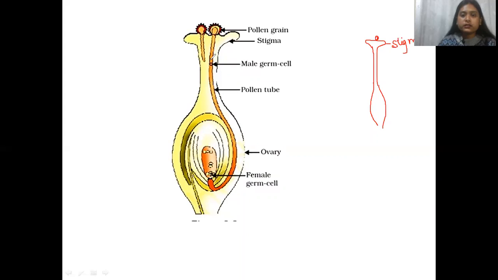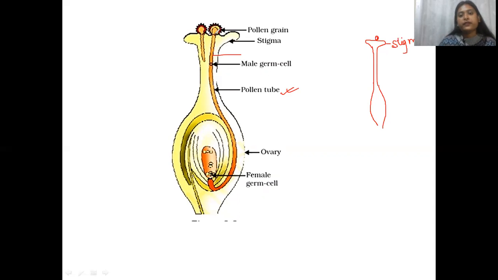When this pollen grain starts to germinate, this is termed the pollen tube, which is already mentioned over here. The pollen grain is actually a cell, so that cell will divide to form two male gametes and a vegetative cell.